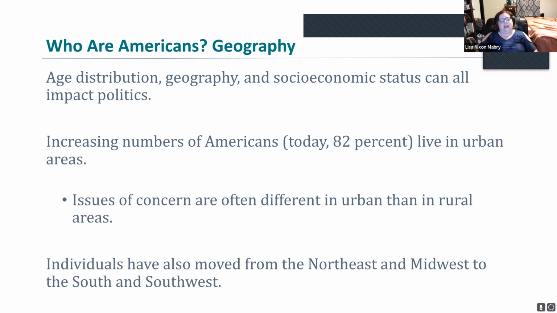So we have geography to take into account as well as to our makeup, like where people are. And believe it or not, climate affects things like farming, right? Farming needs are different in North Dakota than they are in Alabama. Those things matter because the constituents who live in those areas have to take that into account whenever they're voting on things.